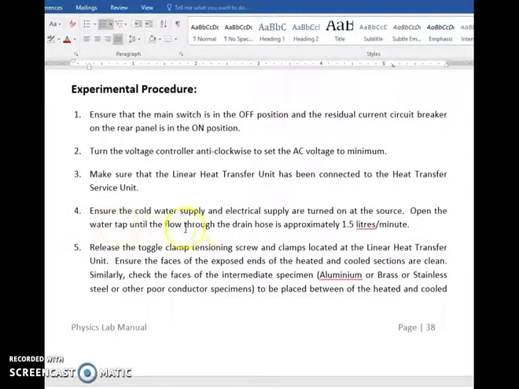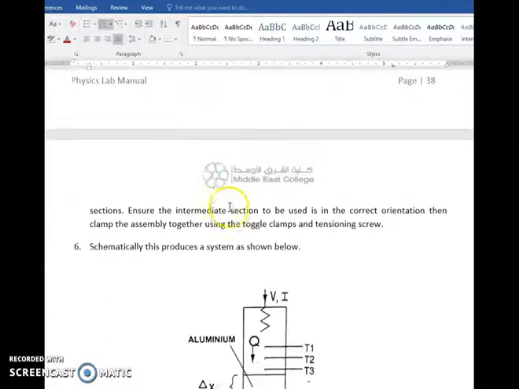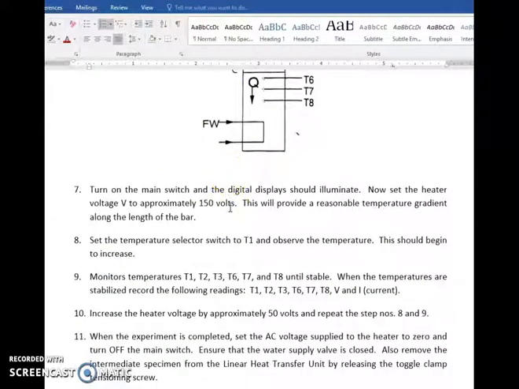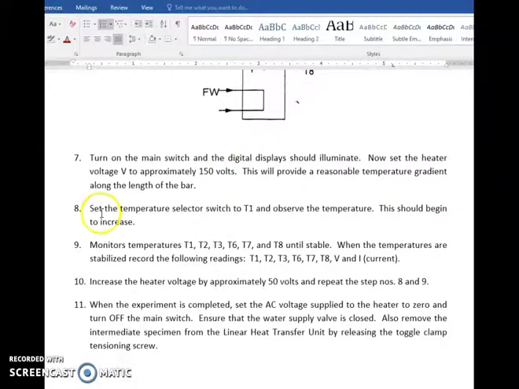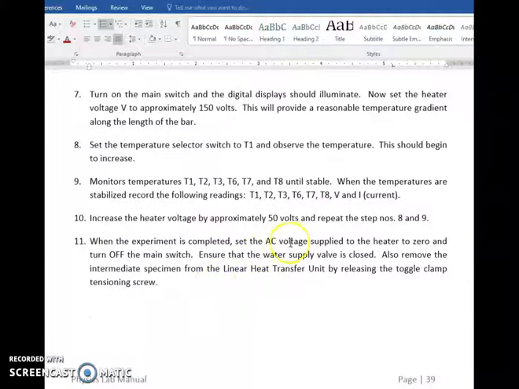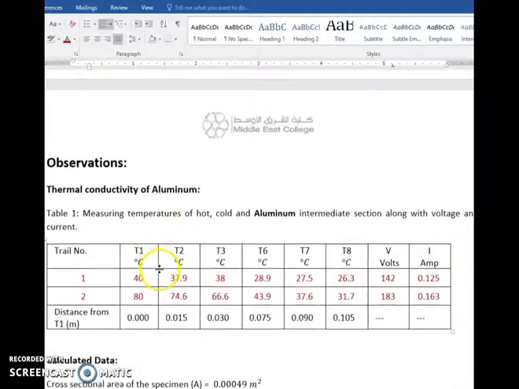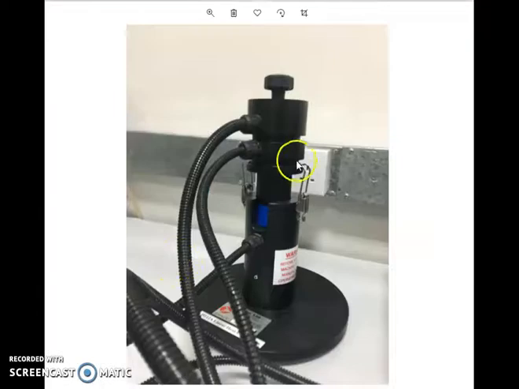Open the water tap until the flow through the drain hose is adequate. To finish, set the controls to zero, turn off the main switch, ensure the water supply valve is closed, and also remove the intermediate specimen.